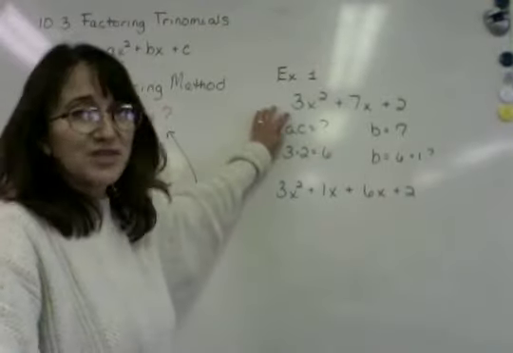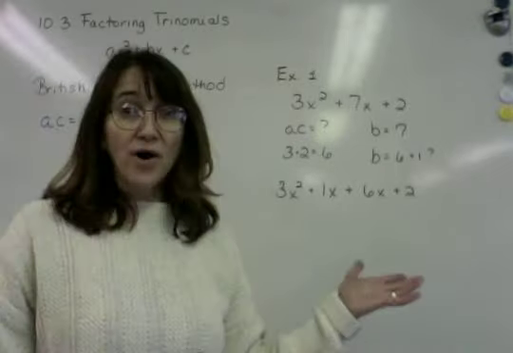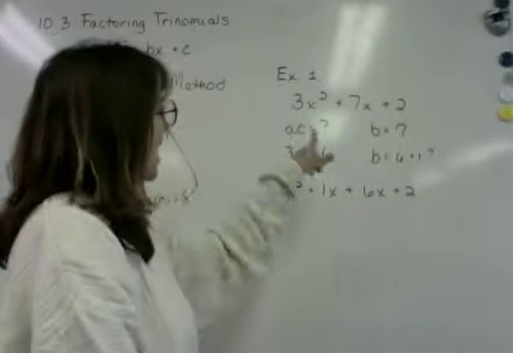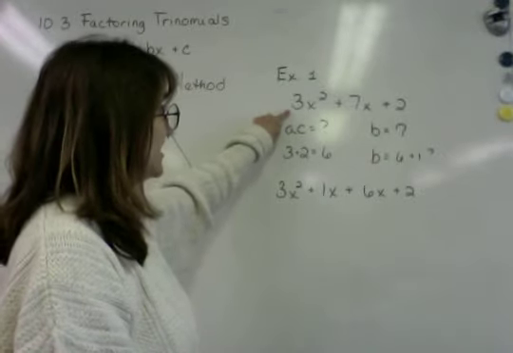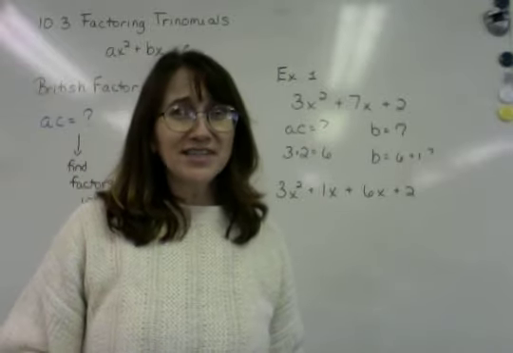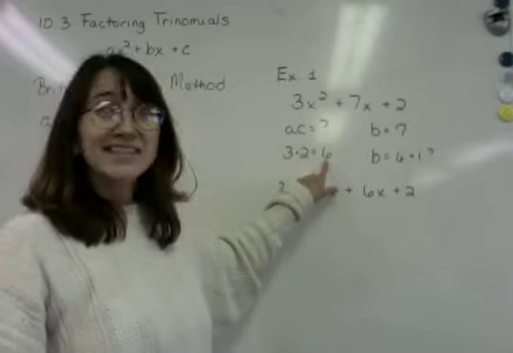Example 1 is 3x squared plus 7x plus 2. So what are my rules? From the British factoring method, I'm going to multiply A and C together. Fortunately, that's a single digit, so 3 times 2 equals 6.